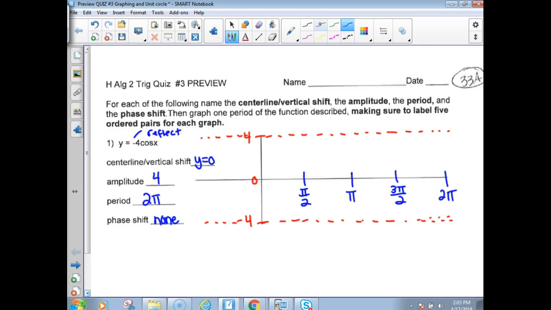And then you would sketch your cosine graph, which is going to start reflected. So normally it would start up here at 0, 4, but since it's reflected, it starts at 0, -4. Then it goes to the center line, and then it goes to the max at pi, back to the center line, and then down at the end of the graph at 2 pi.